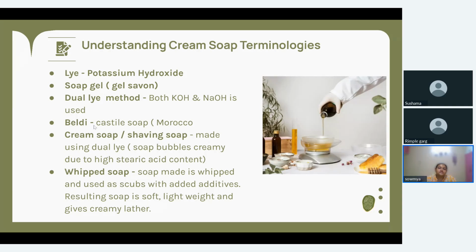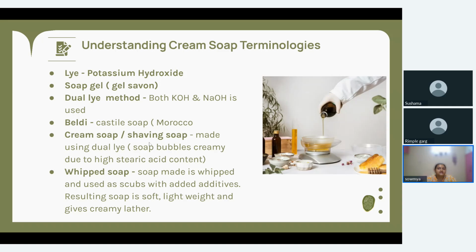But there are other variations nowadays. What people do is they follow the same technique of making the belly soaps, like how the Moroccan people use, but they don't use only olive oil and olive paste.